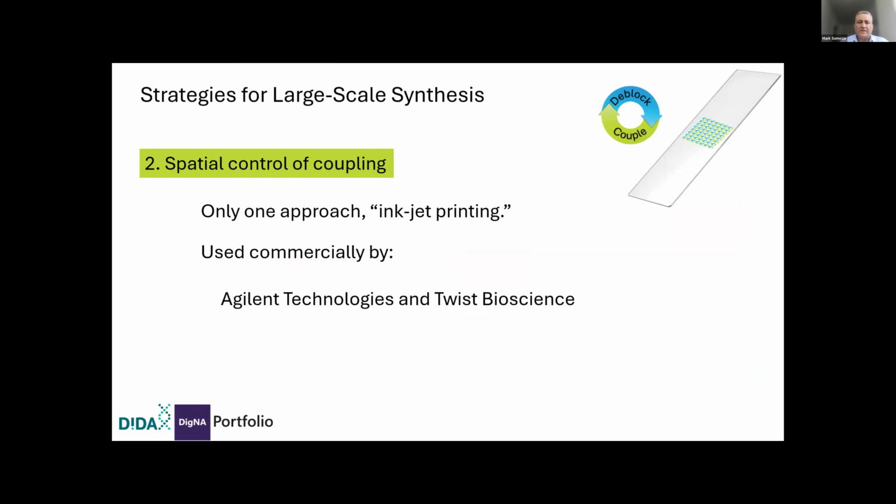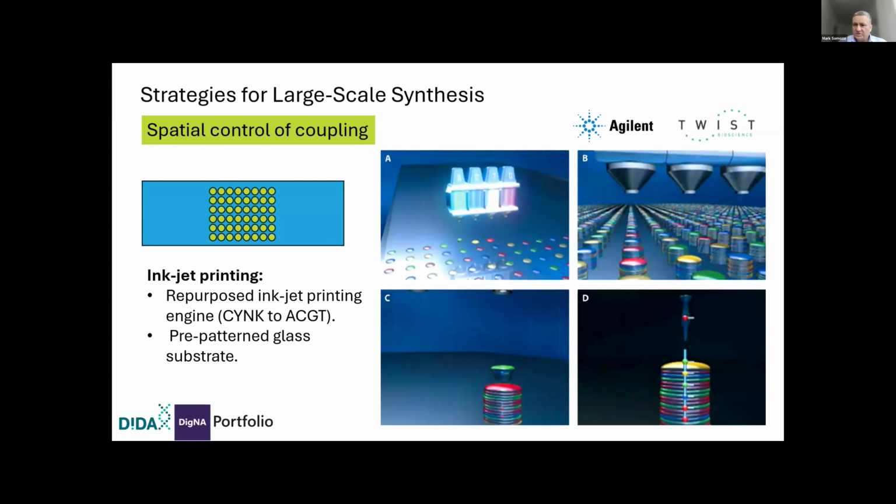So again, this is spatial control of coupling, and this is the only example of spatial control of coupling. The idea here is you take a glass surface and give it some sort of chemical functionalization. In the case of this type of synthesis, it's a relatively complex surface functionalization because you need to pattern the surface such that the whole surface is essentially hydrophobic, and then you have little circles that are hydrophilic.